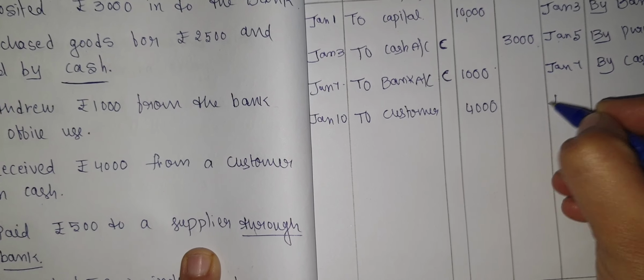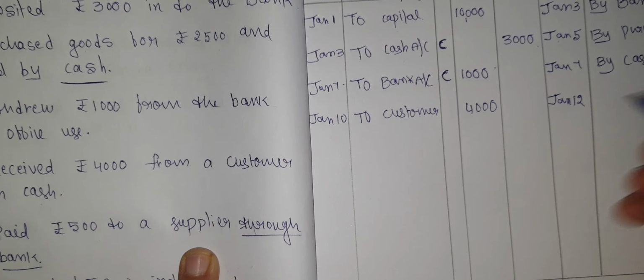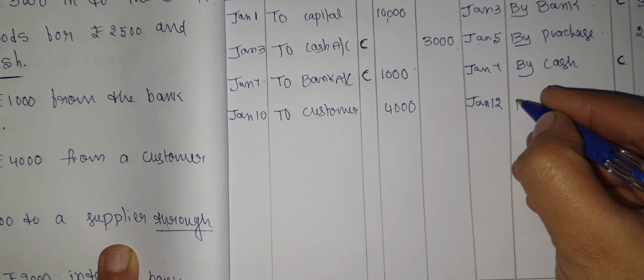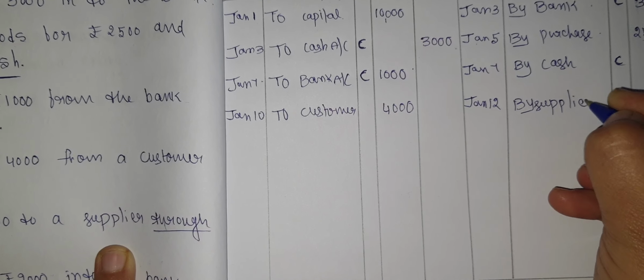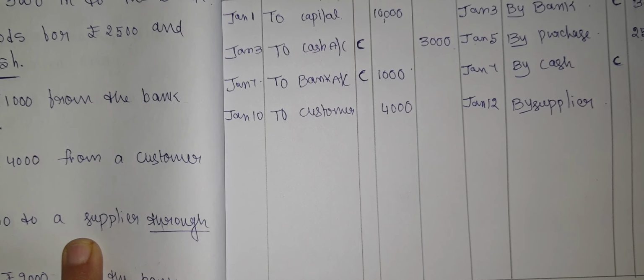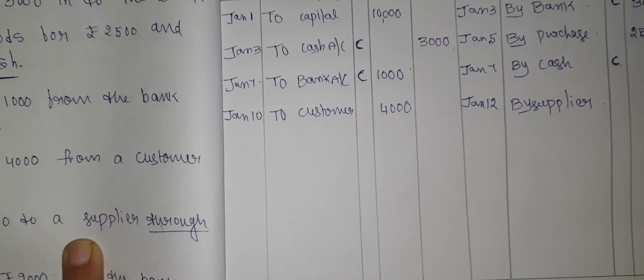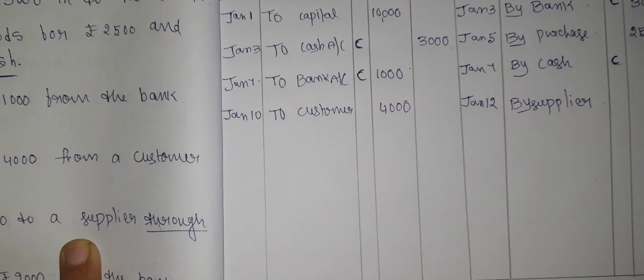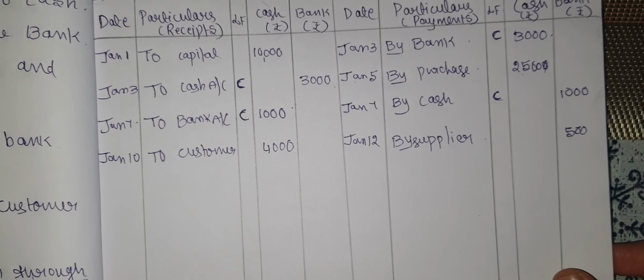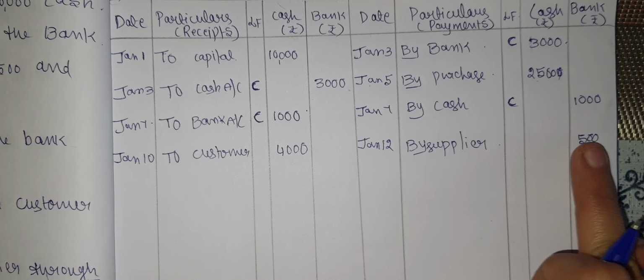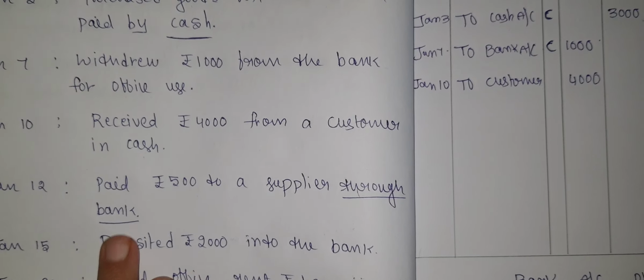So, on Jan 12th, by supplier, that is rupees 500. Be very careful while recording the amount. In the bank column, we have to enter the amount here, because paid rupees 500 to a supplier through bank.